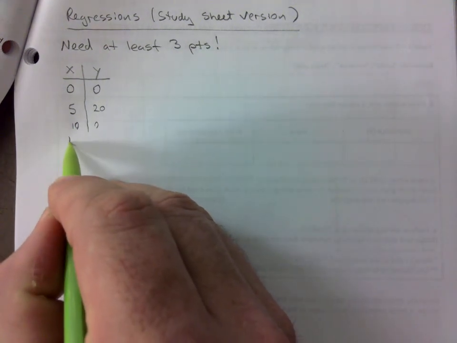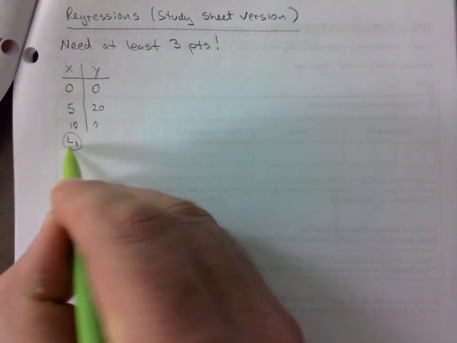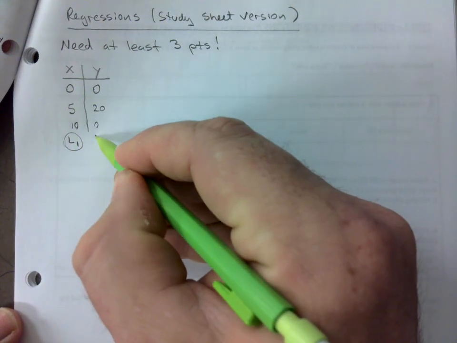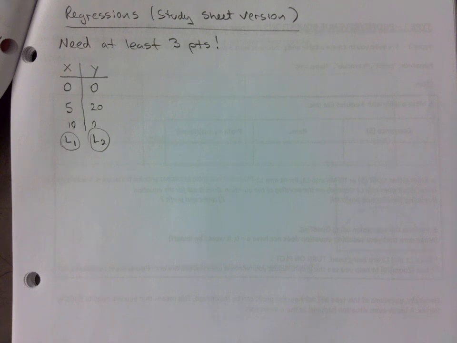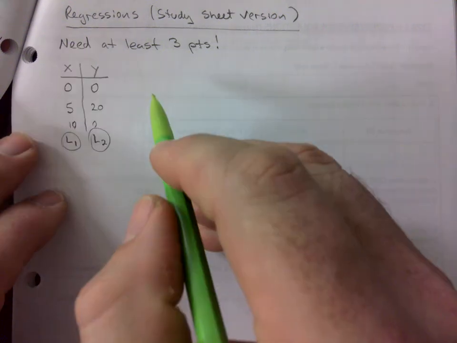You're just going to tell yourself that you're going to put this into L1. This goes into L2. I'm going to assume you know how to do this. Okay? How do I put them into L1 and L2? Go back to page 42 to remind yourself of that. But that's what I mean. This is a very short, concise way of doing that.